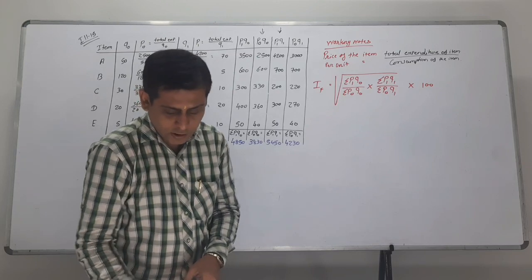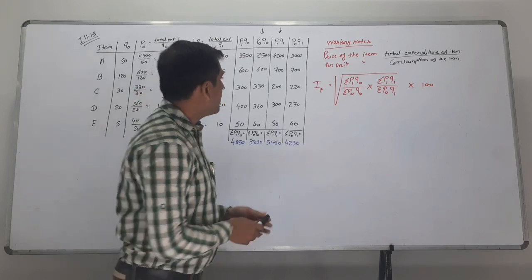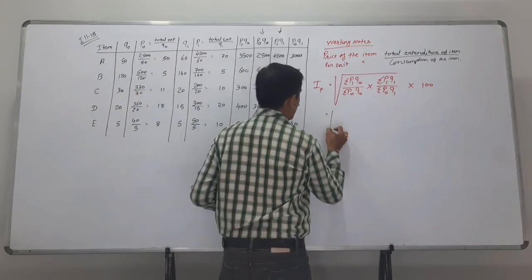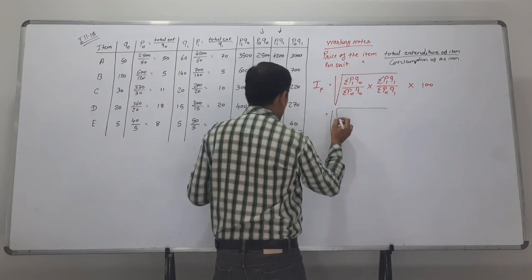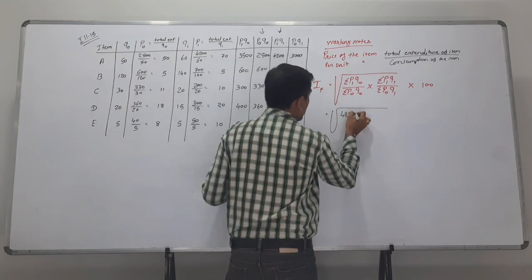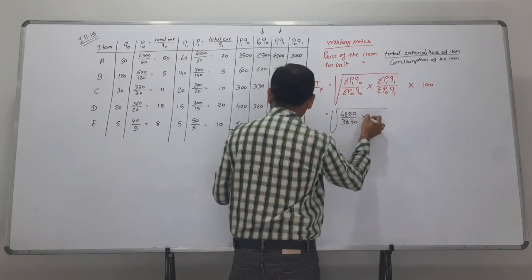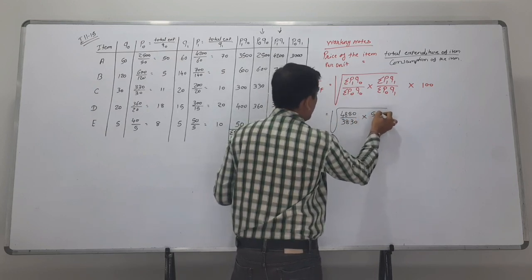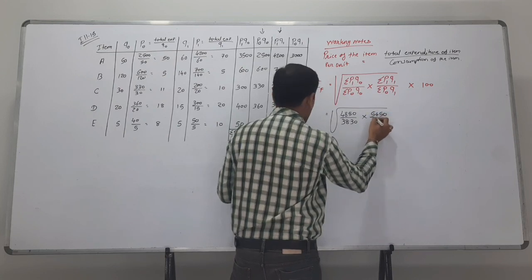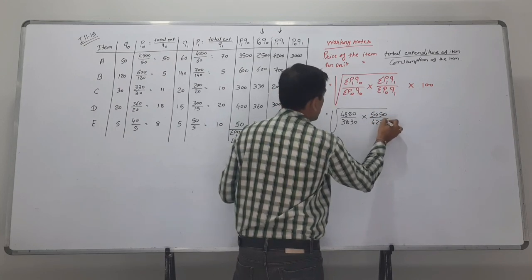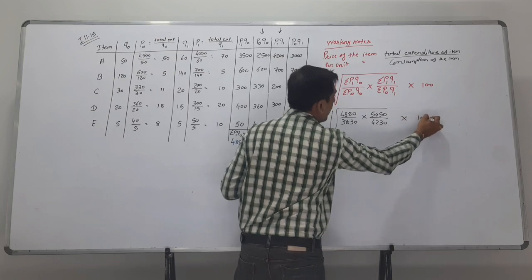Okay, this is the formula. Now I am writing the answer here: 4850 divided by 3830 into 5450 divided by 4230, into 100.